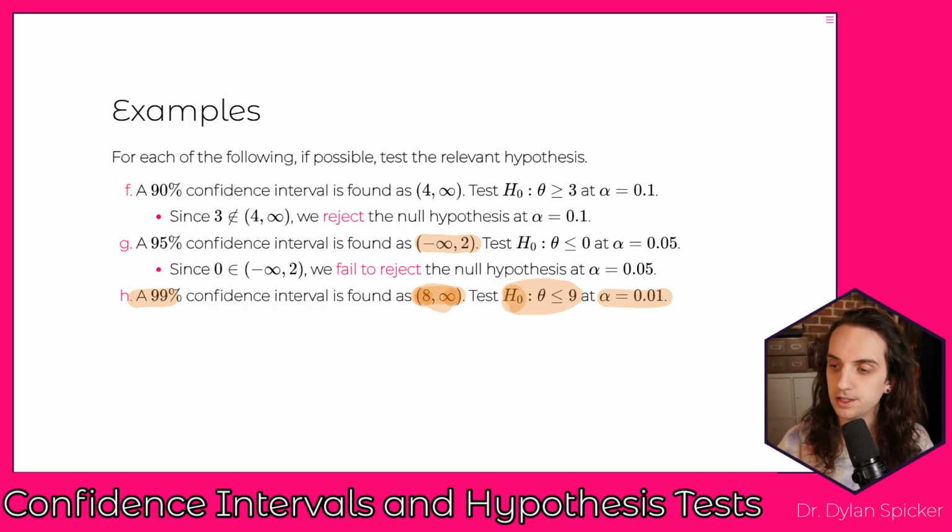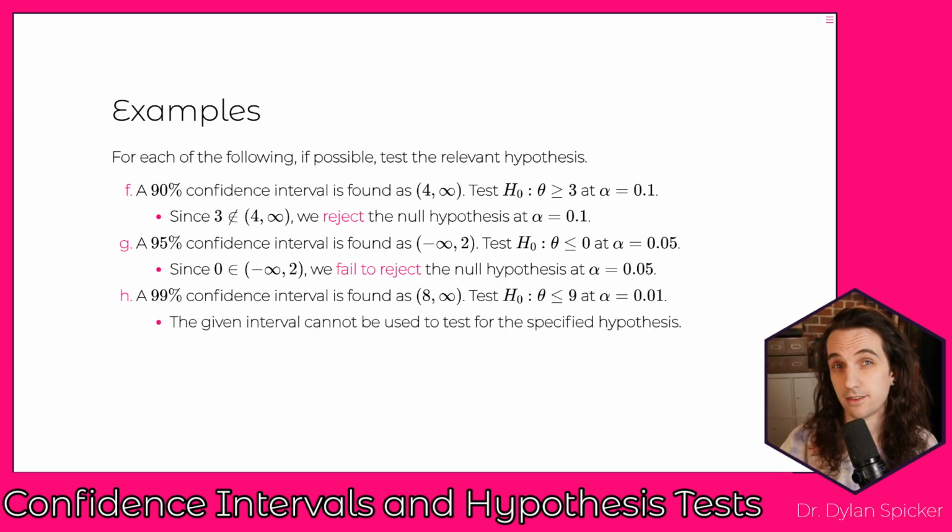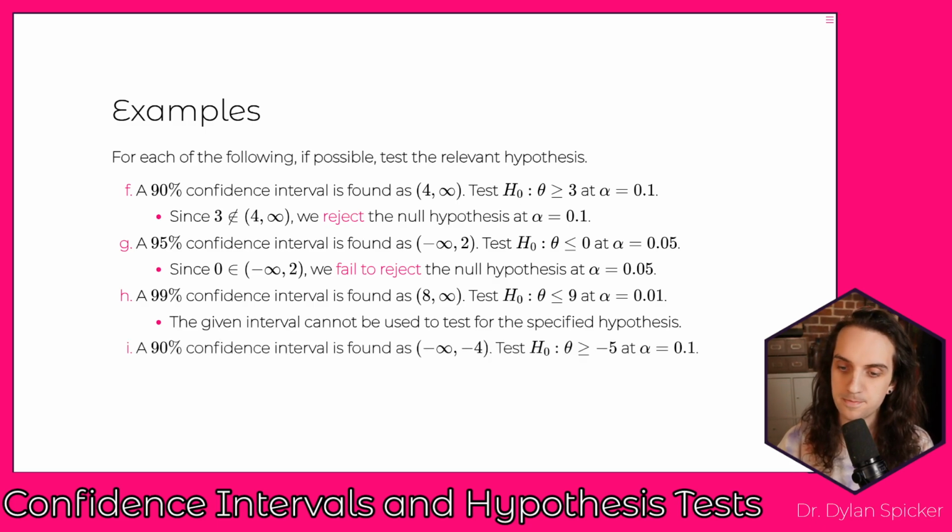So this interval does not allow us to directly test this null hypothesis here, because in order to test this null hypothesis, we need the upper bounded interval. So you need the interval that aligns with your null hypothesis in a sense. And so here we're not going to be able to say anything, because we can't use this for the specified hypothesis.